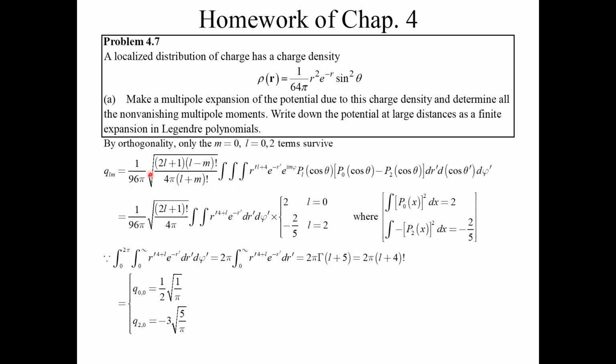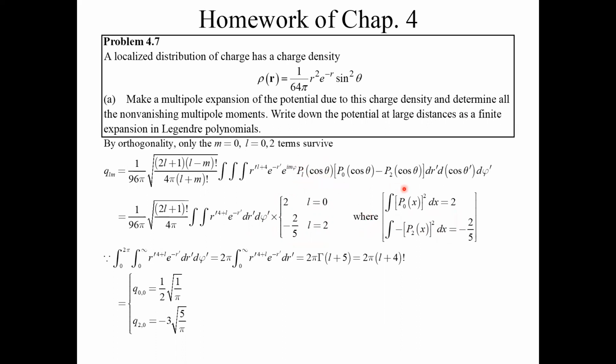Because of the orthogonality, only the terms with m equals 0 and L equals 0 and 2 will survive. So we can drop into these 2 terms, L equals 0 or 2, with the relation here.